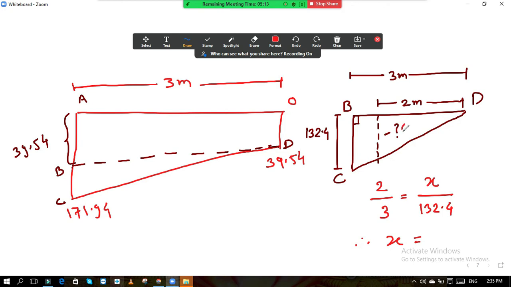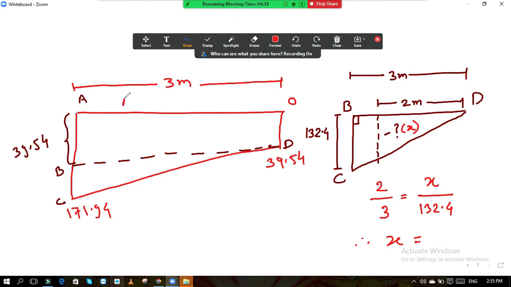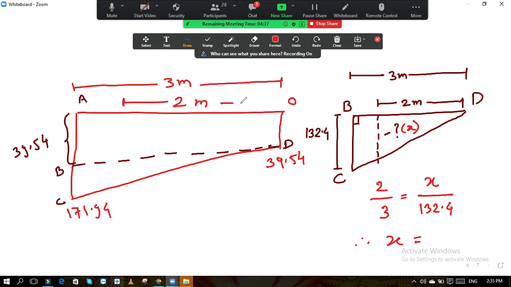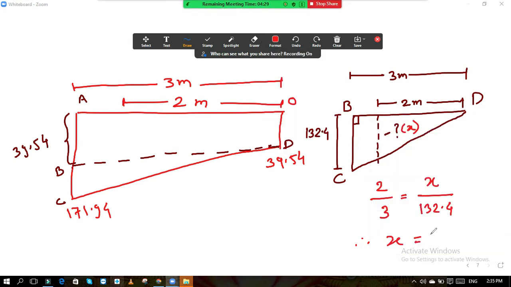This is our x. What is the answer? So we want total ordinate up to 2 meter. It is 88.26. So x is 88.26.